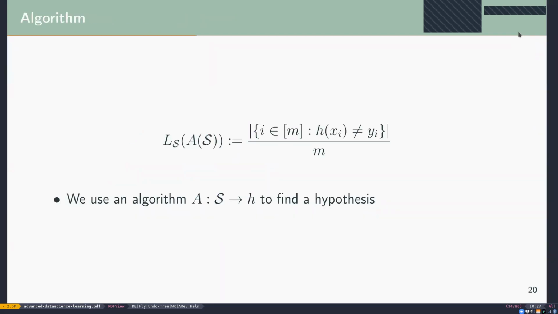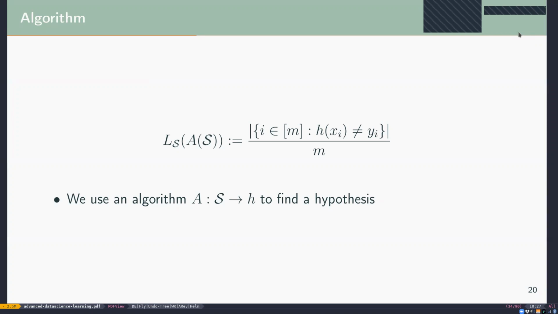Okay, so the next thing is, how do you actually find this hypothesis? So even if I said, let's minimize this empirical loss, how do I even find that? I'm not guaranteed to find the optimum.